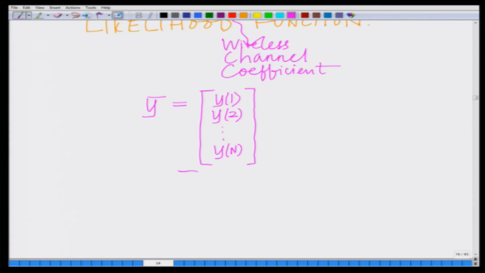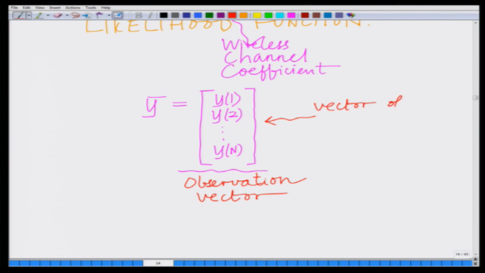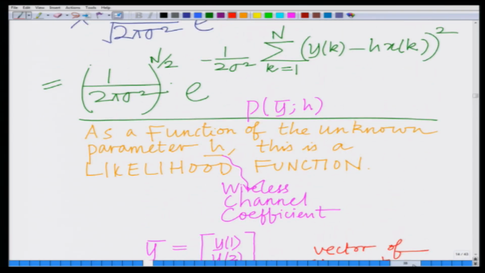This is nothing but the vector of observations, also termed as the observation vector, the n-dimensional vector of observations, and this is the joint PDF of the observations y1, y2, up to yn, which when viewed as a function of the unknown parameter h, is termed as the likelihood function.